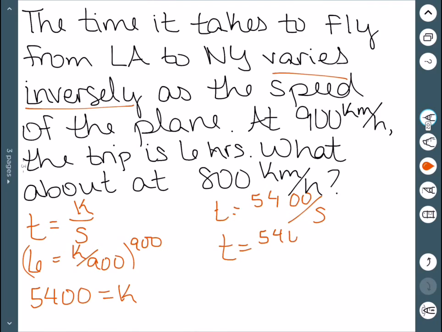So now I have 5,400 divided by 800, which gives me that it'll take 6.75 hours. That would correspond to 6 hours and 45 minutes.